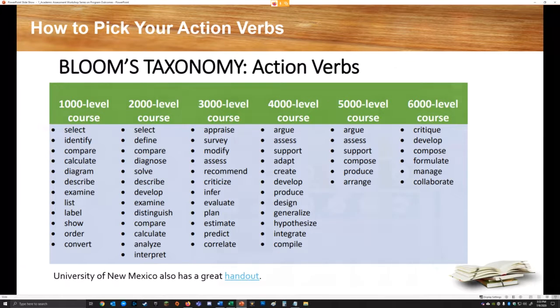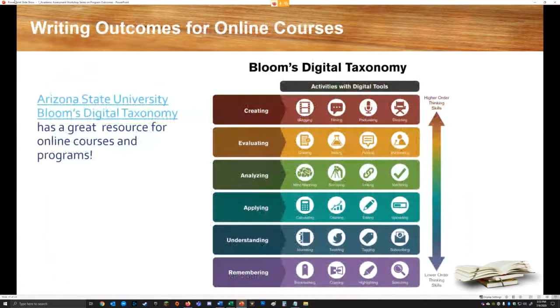BJ, if you can flip it, because it talks a little bit more about outcomes for online courses. So we're all experiencing this craziness. And Bloom's has a digital taxonomy, which focuses a lot on terms and actions for online courses. I will say the link that is provided has much more detail and is really very interesting. Did you guys get the PowerPoint, or will you be getting the PowerPoint? They will be getting it, yeah. The link, okay, wonderful.